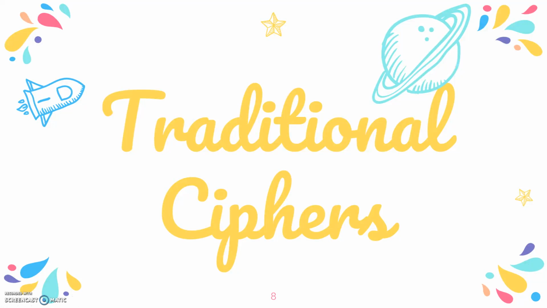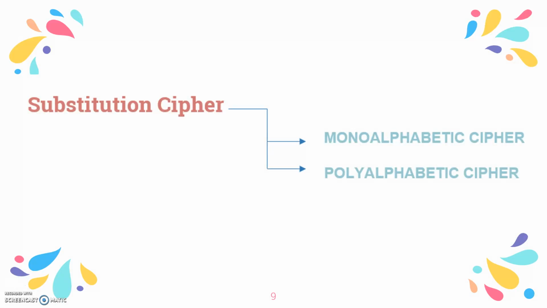Symmetric key cryptography is divided into traditional and modern ciphers. Traditional cipher is further divided into substitution cipher and transposition cipher. Substitution cipher is a method of encrypting by which units of plain text are replaced with ciphertext according to a fixed system.